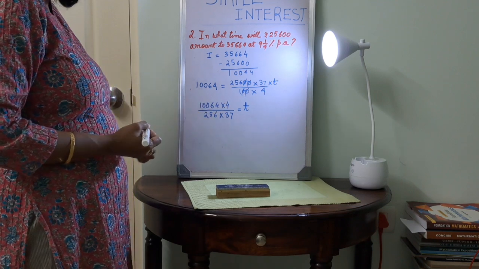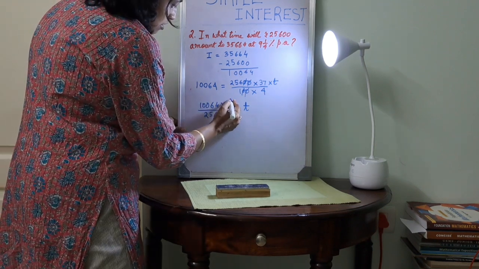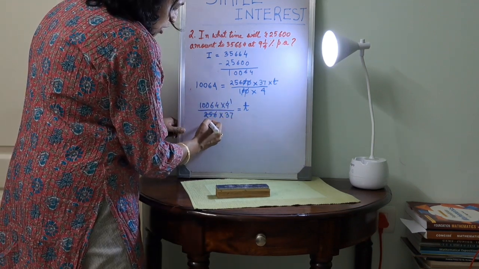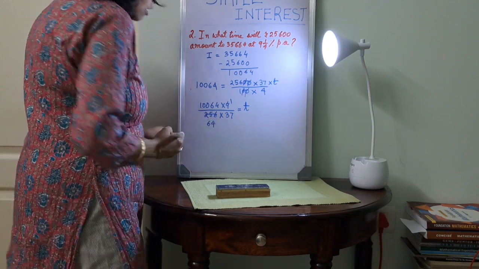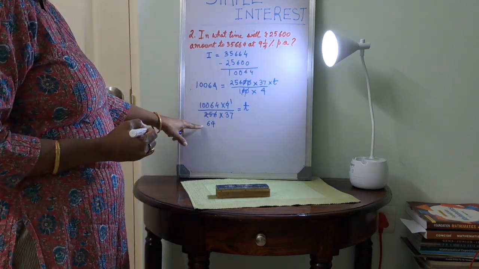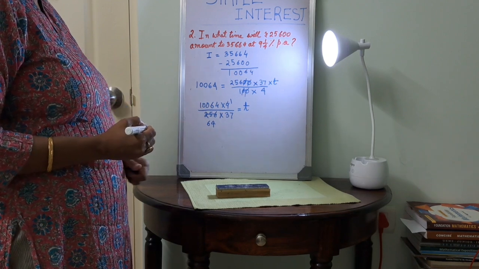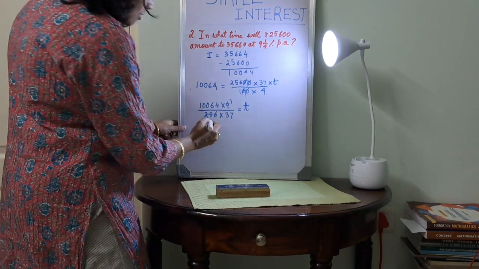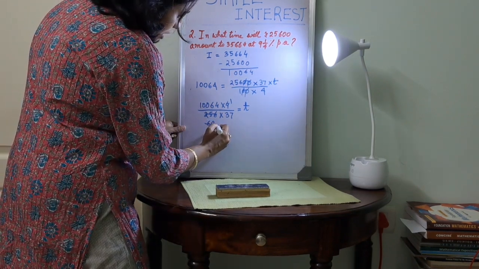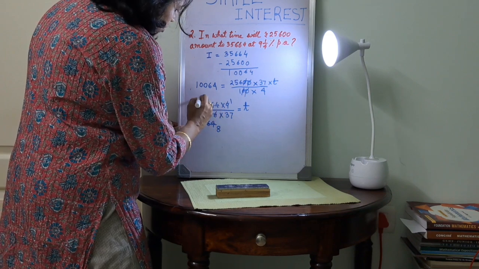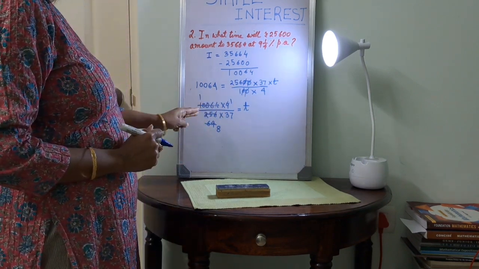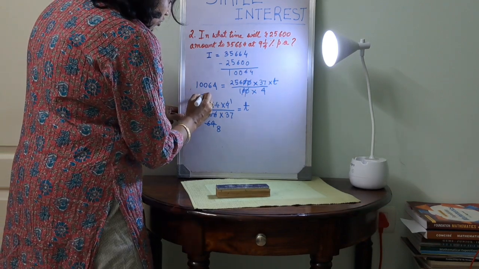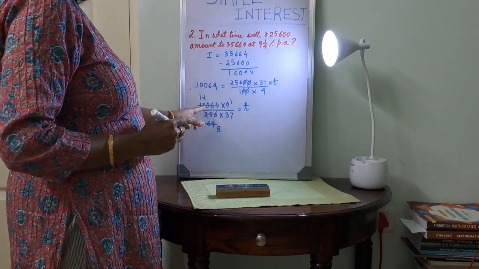So 4 is divisible by 256, right? Let us straight away cancel it. 25, it goes 6 times, 24, 64. Now 64 and 1064 both are divisible by 8. So 8 8s are 64, and this goes 1 time 8. 10 minus 8 is 2. 2 and 0. 2 times 16.